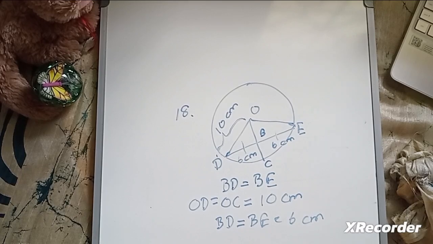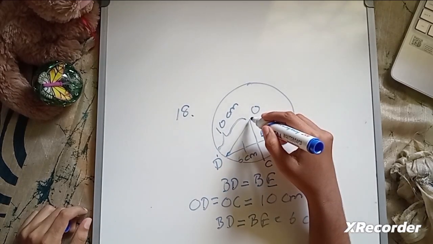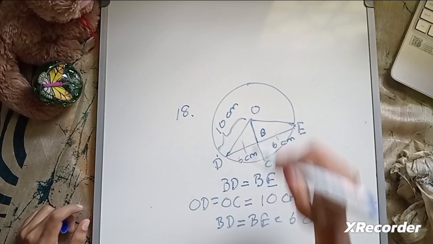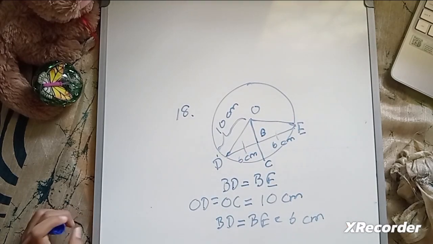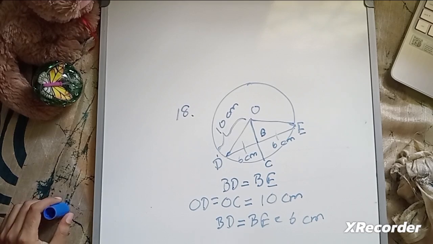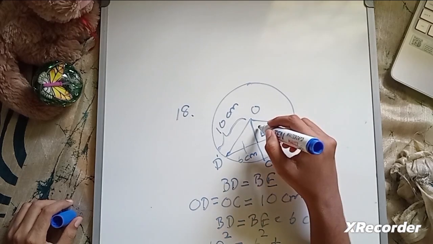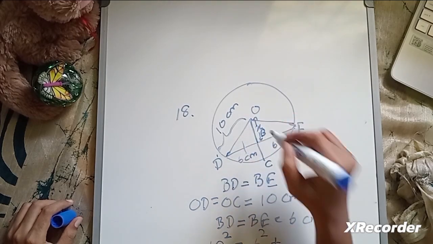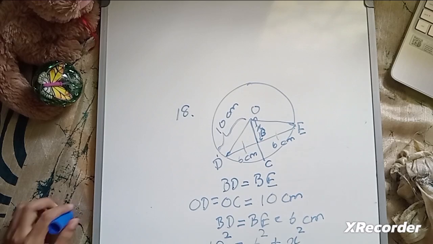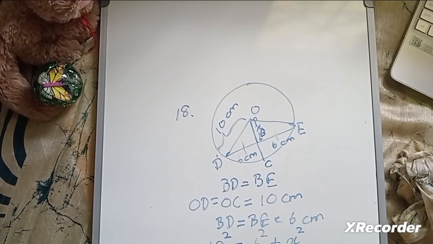So from that we can find the length of OB, this line. We can apply Pythagoras theorem. So we know that 10 squared is the hypotenuse, and 6 squared plus, we will say this length as x, x squared equals 10 squared.